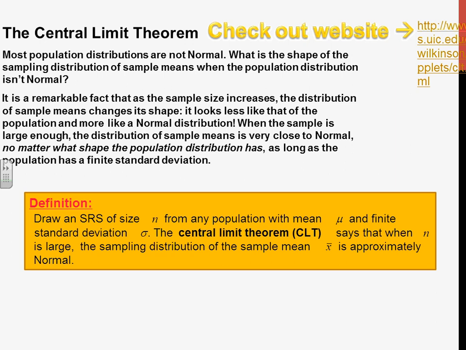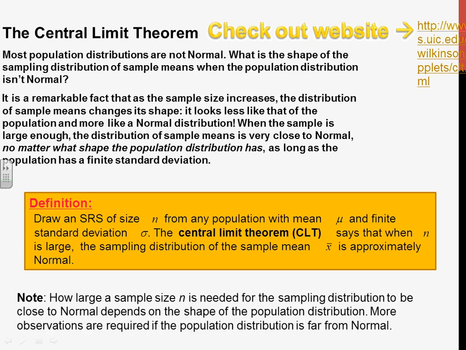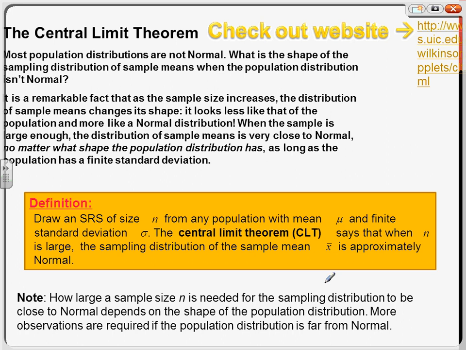So how big do you have to get? Well, like this says, how large a sample size n is needed for the sampling distribution to be close to normal depends on the shape of the population distribution. If it was strongly skewed right, you'd want to get more. But for our purposes, we are always going to say that we have to have n greater than or equal to 30 to be normal.